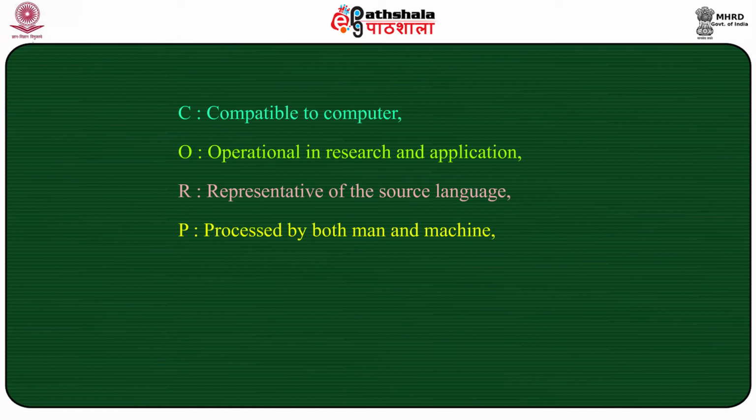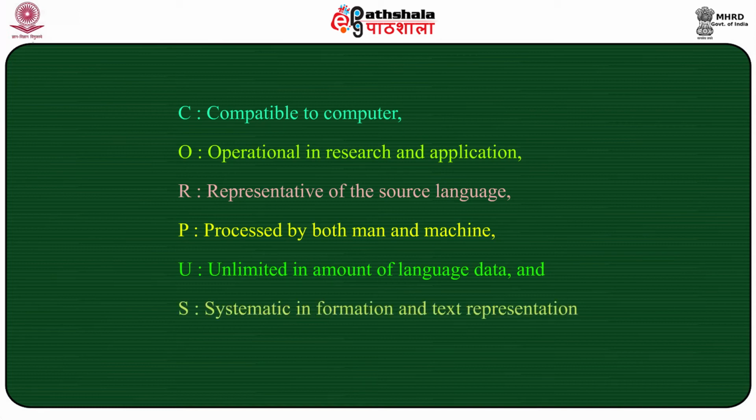R stands for representative of the source language. P, processable by both man and machine. U, unlimited in amount of language data and text varieties. And finally, S stands for systematic in information and text representation.